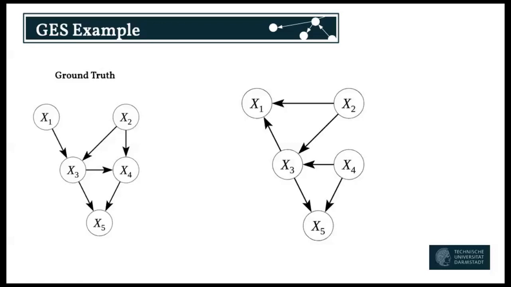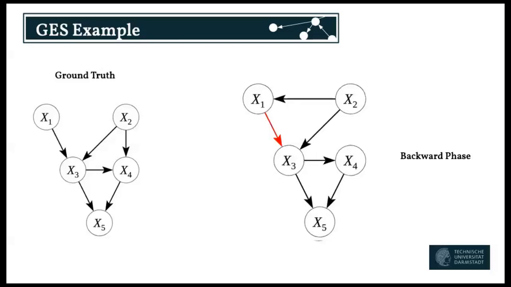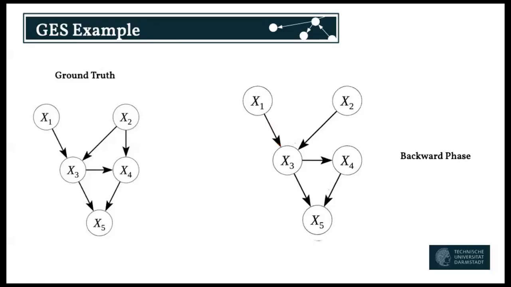And this backward phase can bring you down to a simpler model that still explains the data equally well or maybe even better. And in this backward phase, you can, again, reverse covered edges or remove edges. And then we end up here, and imagine there should be another edge. Forgot that.